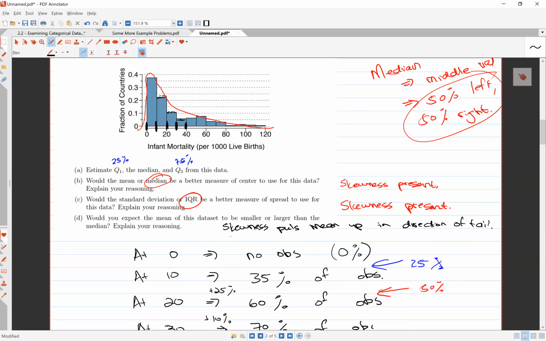And so the mean will be larger than the median, because the median is not that dramatically impacted by skewness. So the mean is in the direction of the tail. It's the larger of the two values generally.